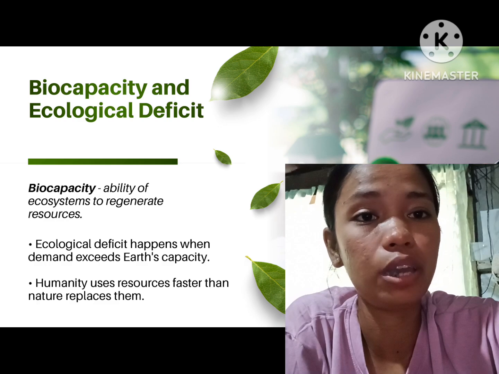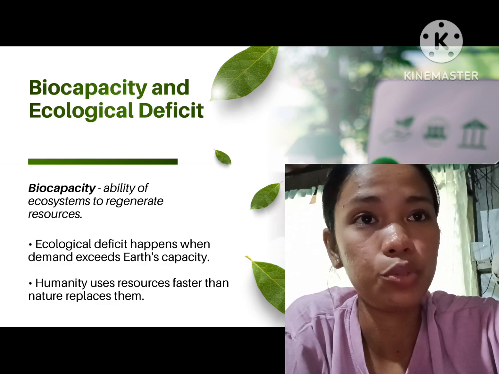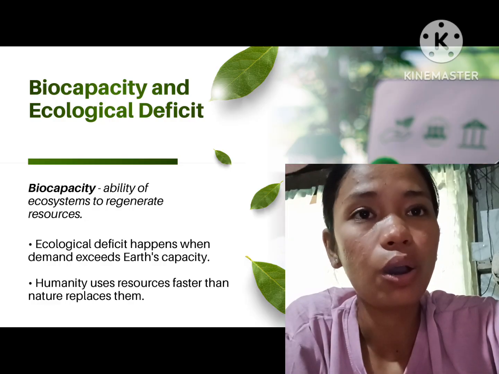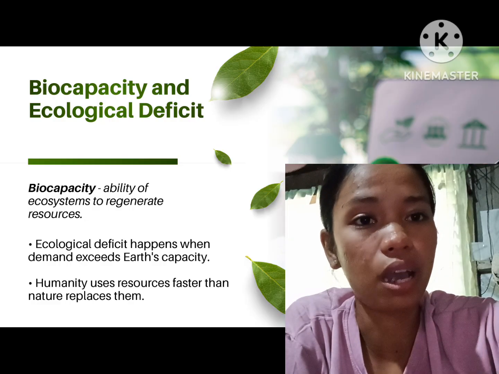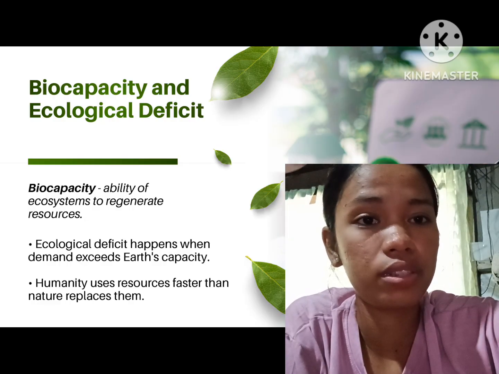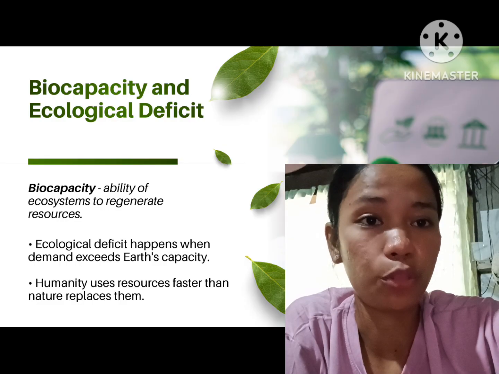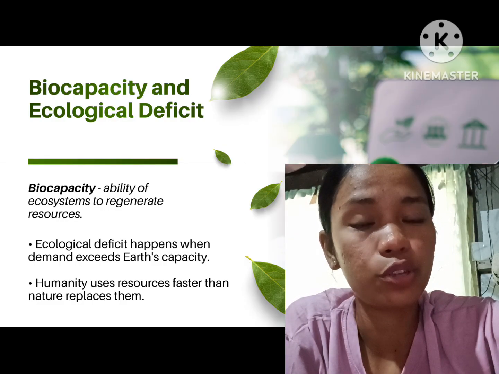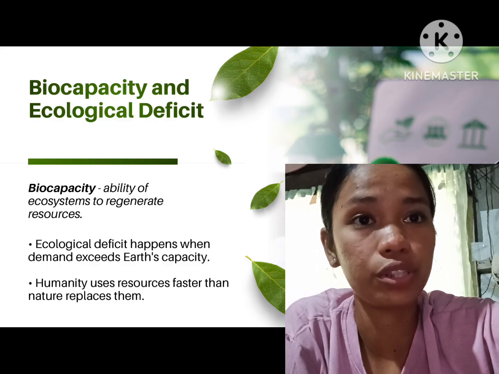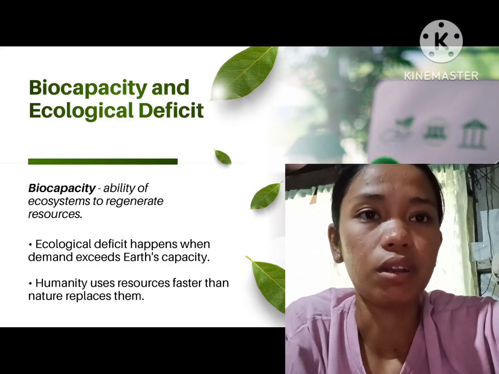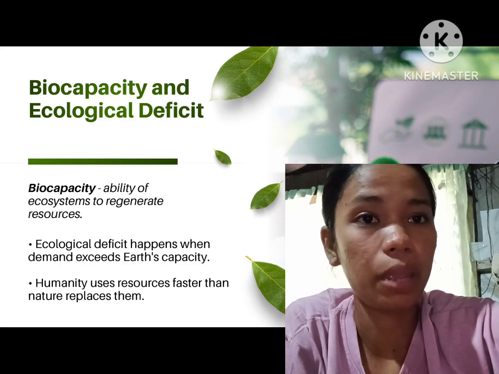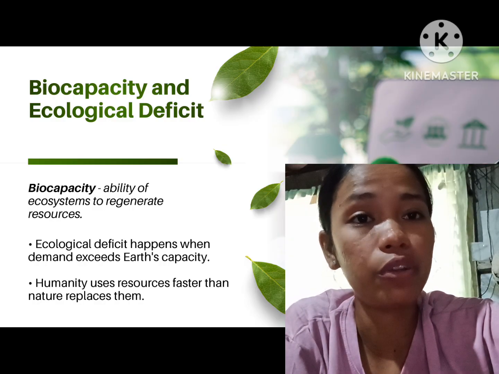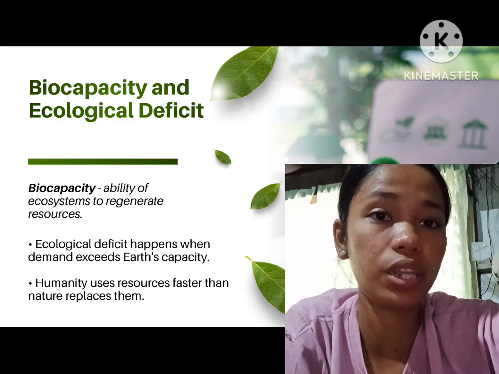Biocapacity is the ability of ecosystems to generate resources naturally. And ecological deficit happens when human demand becomes greater than the Earth's capacity to replace those resources. This means humanity is using resources faster than nature can recover. This also reminds us of the importance of using resources responsibly and protecting the environment to ensure a sustainable future.